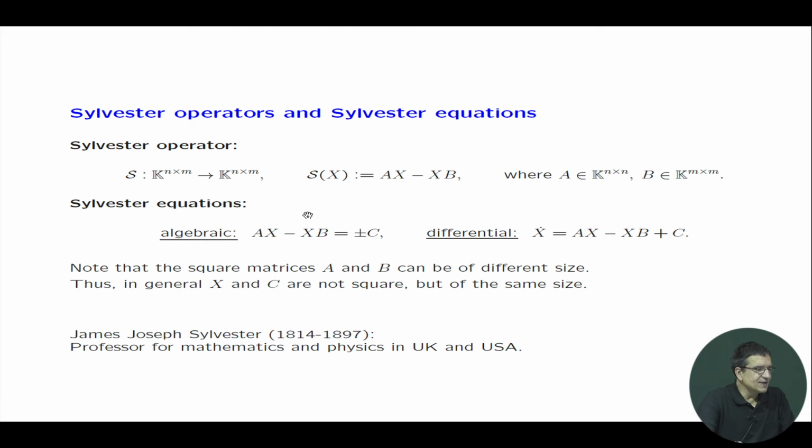So then, associated with this mapping, we have two kinds of equations: an algebraic equation, so this term should equal some given matrix, or secondly, we have a differential equation. We can have that this matrix X depends on time, and then we can formulate such a differential equation.